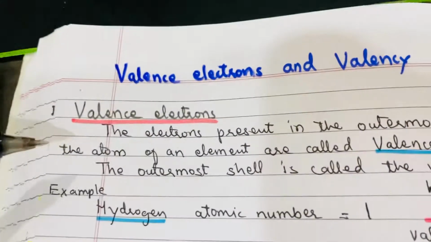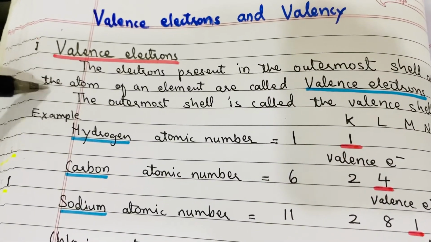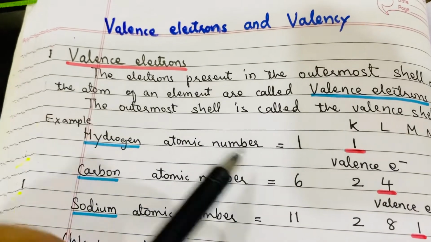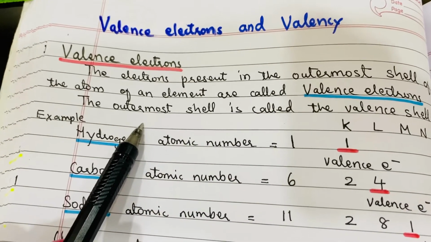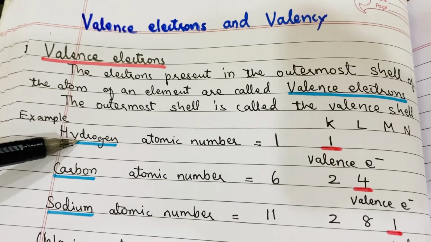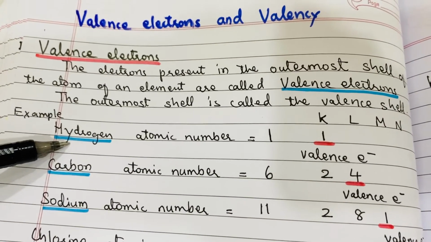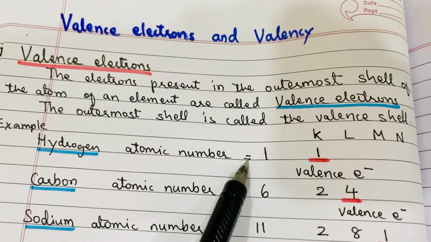So what are valence electrons? The electrons which are present in the outermost shell of the atom of an element are called valence electrons, and this outermost shell is called the valence shell. Now let us take some examples. Hydrogen, atomic number 1. What do we know about it?